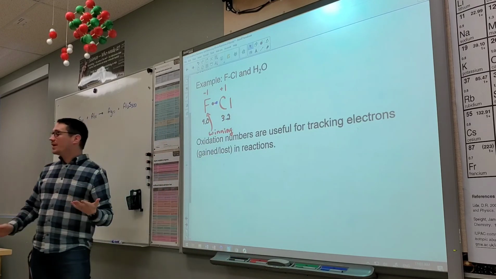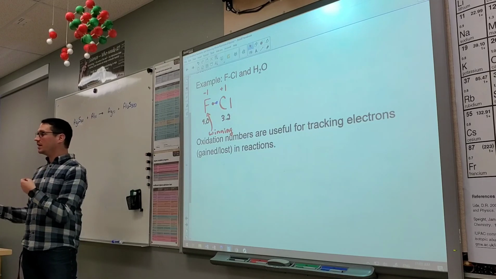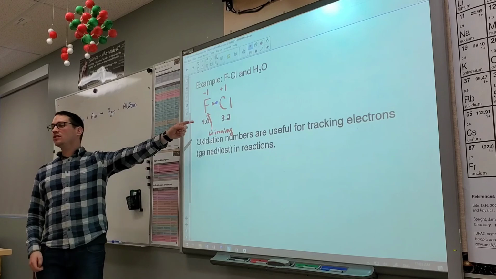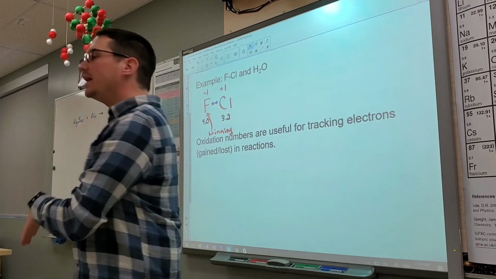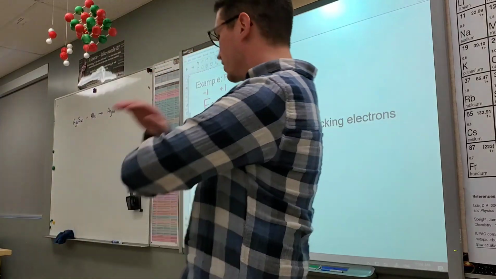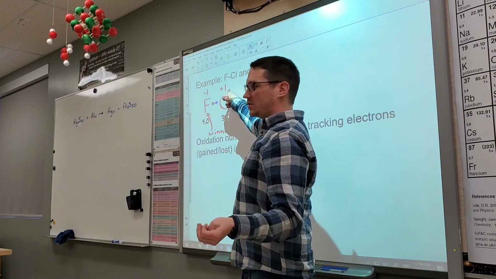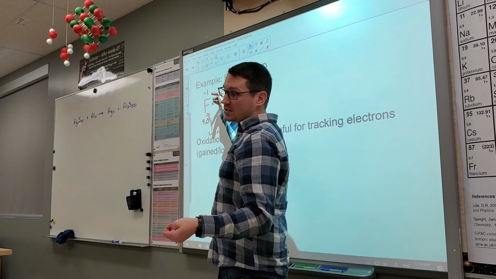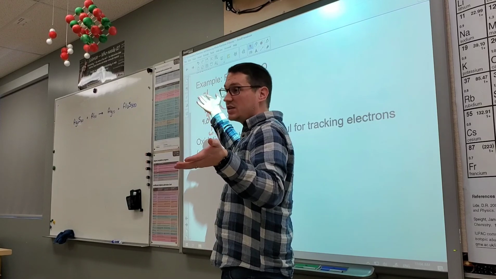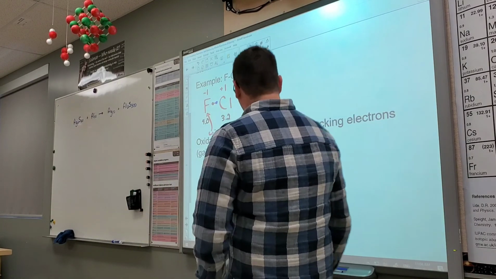Now that seems crazy because chlorine never forms positive anything. But keep in mind, these are not ions. All we're saying is who's winning the battle for the electrons. Chlorine is not forming a +1 ion, but it's losing the battle to somebody else, so we say it's got a +1 oxidation state. That's all we're saying.